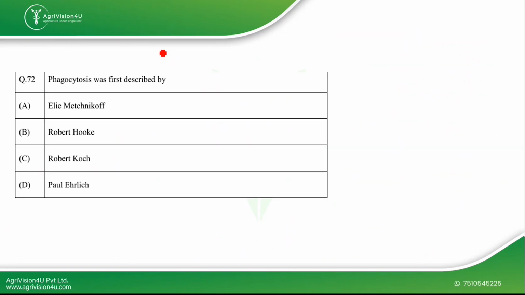The next question is phagocytosis. Phagocytosis was described by whom? This question is from our first chapter, that is history of microbiology. So we know phagocytosis was first described by Elie Metchnikoff, and Robert Hooke discovered the cell basically from the bark of a tree. Then Robert Koch has many inventions. Paul Ehrlich, he is known for antimicrobial chemotherapy.